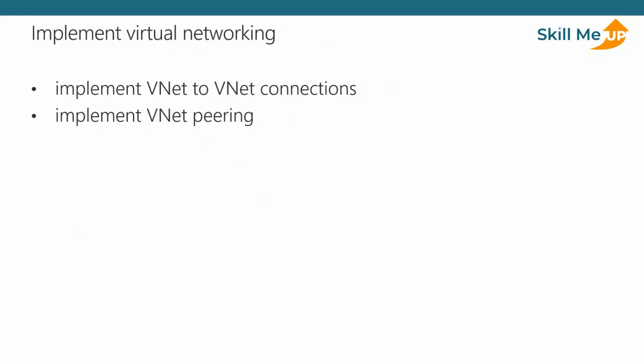One thing too you want to keep track of is implementing virtual networks. That's another key topic of the environment. We're talking about implementing virtual networks between each other, implementing VNet to VNet connections, as well as virtual network peering.